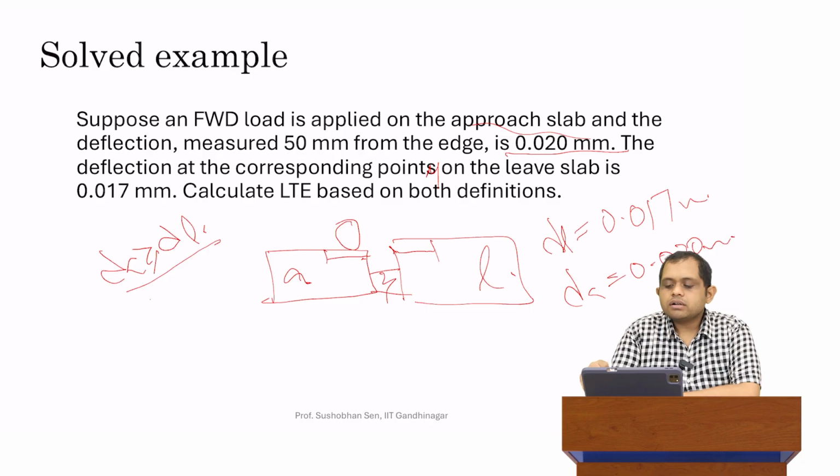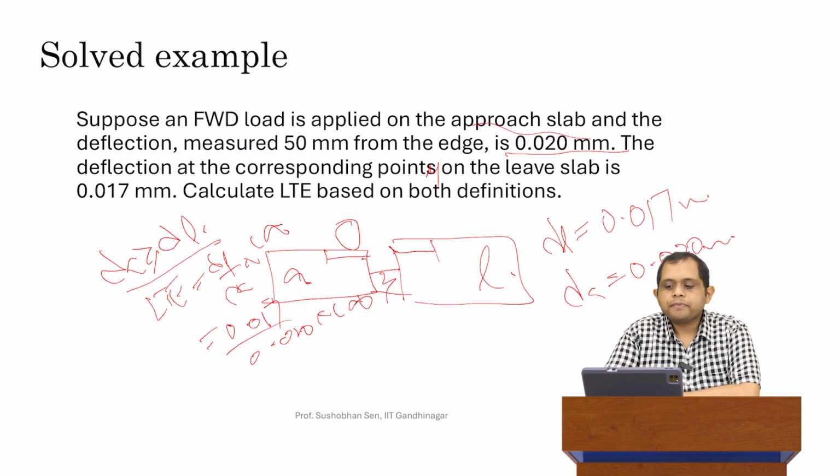So we're given this data, DL and DA. We are asked to calculate the LTE based on both definitions. As I previously pointed out, the first definition, which is the easiest, is LTE equal to DL over DA into 100. I'll show the calculation in the next slide, but that's basically going to be 0.017 over 0.020 into 100.